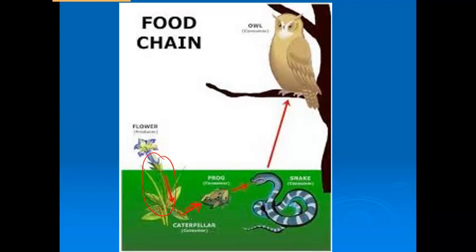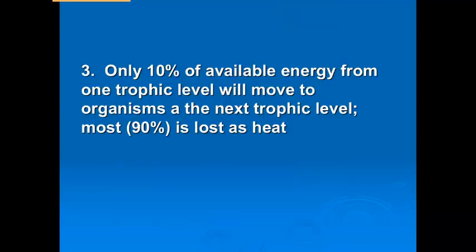Students are confused why the arrow is pointing to what is doing the eating, but it's really showing you the flow of energy. If a snake eats the frog, the snake is gaining the energy from the frog, and lastly an owl is eating the snake, so the energy from the snake is going to the owl.